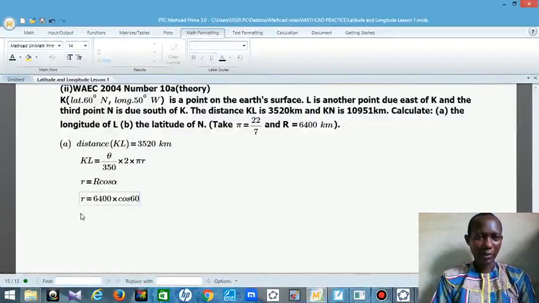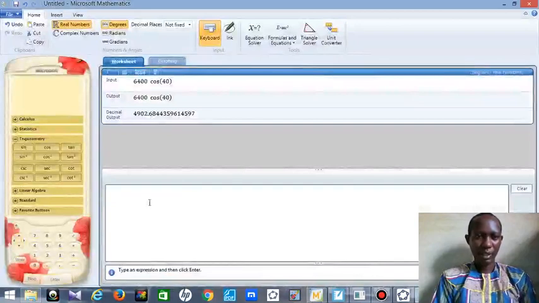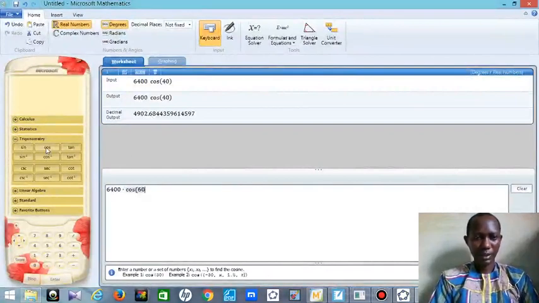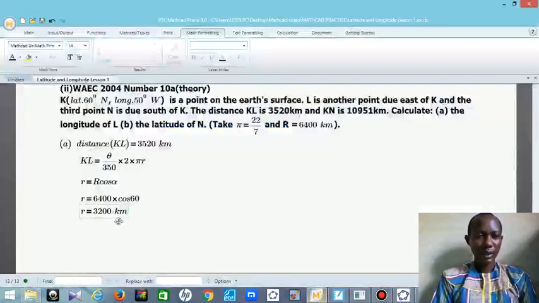Use your calculator and check it. 0.5 times 6,400 will give us 3,200 kilometers. So small r is 3,200 kilometers.